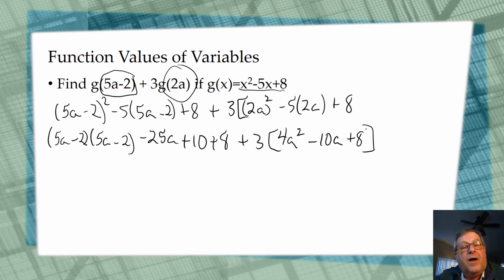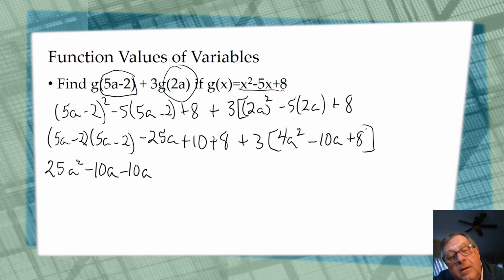All right, let's work on 5a minus 2 squared. 5a times 5a, we're foiling this, is 25a squared. And 5a times negative 2 is negative 10a. And negative 2 times 5a is negative 10a. And negative 2 times negative 2 is plus 4. And then I've got negative 25a.